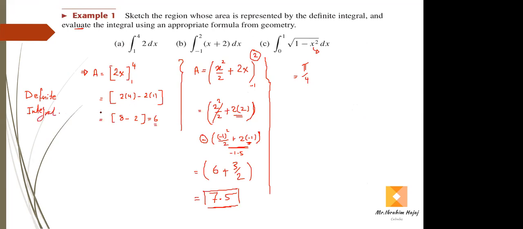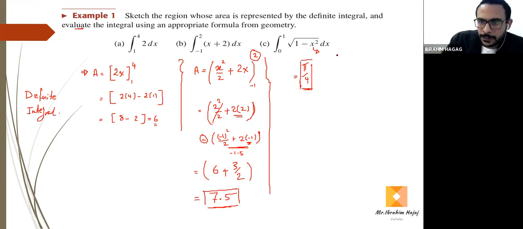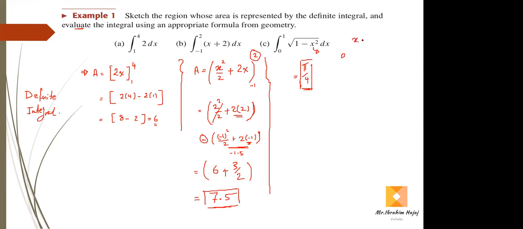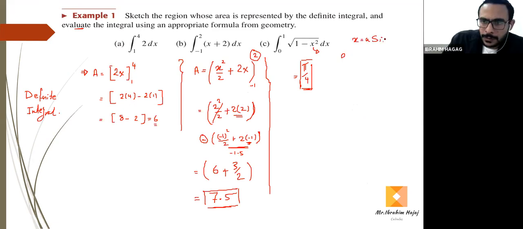Letter C by definite integral we haven't done, so you will not be able to do it here. As we did, for a definite integral we need to take the integral, the reverse of differentiation. You will let x equal sine theta.